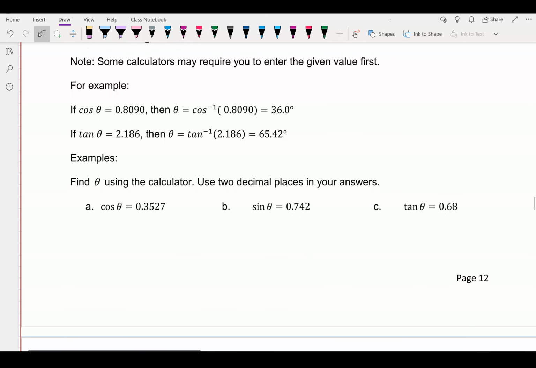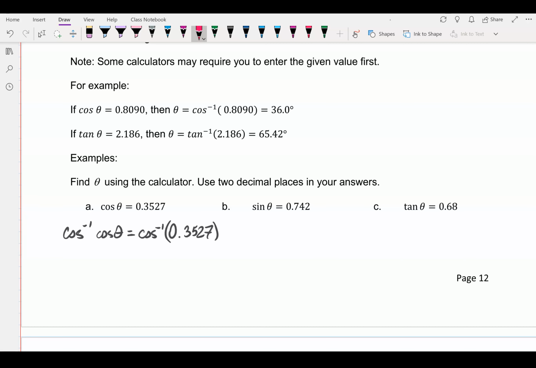All right. Find theta using the calculator. The important thing to know is that, for example, if we have cosine of an angle giving something, we need to do the inverse. Cosine inverse of cosine theta is equal to the cosine inverse of 0.3527.